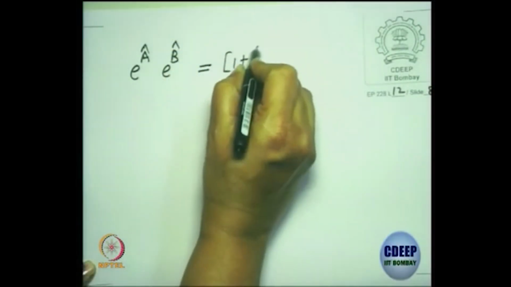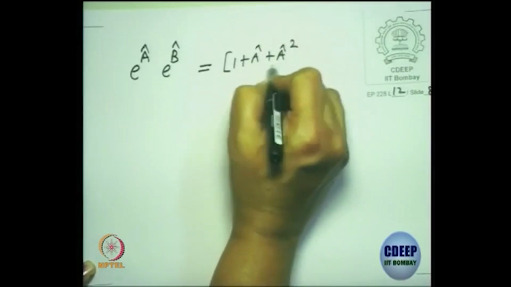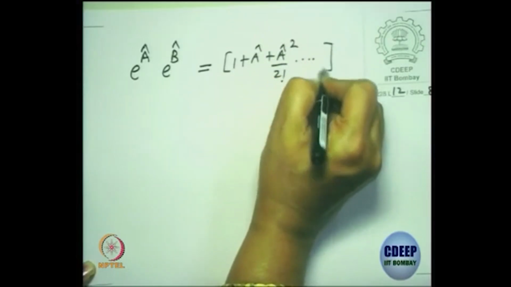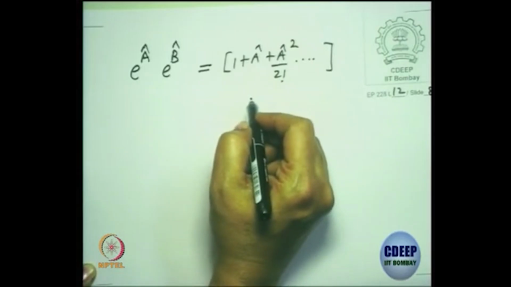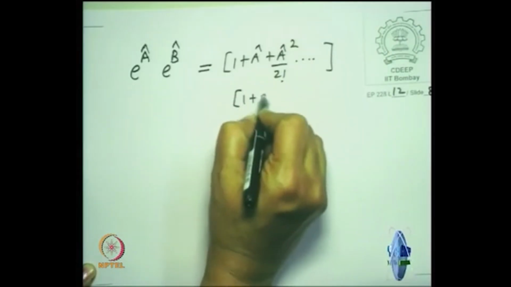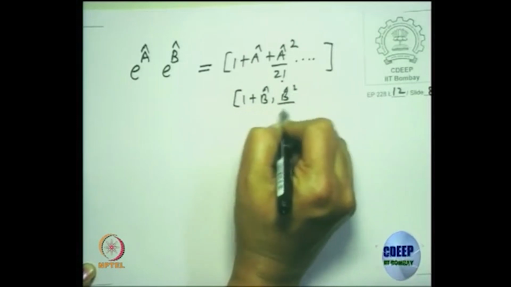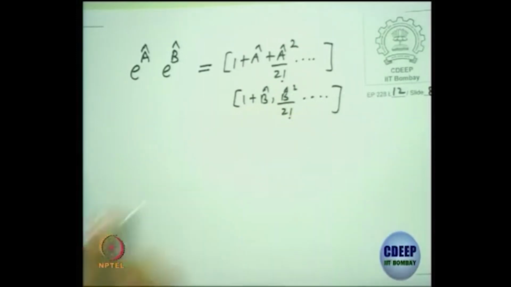So this one you have to meticulously write, because why are we doing this? Order matters. Unlike in classical mechanics, where you could have written e to the a plus b, you can't do it here. You have to be careful.